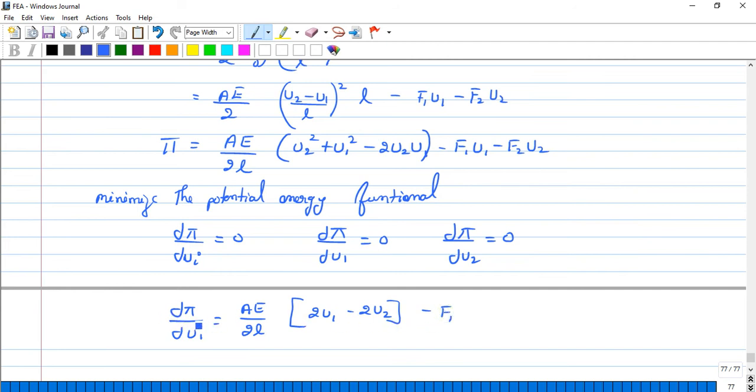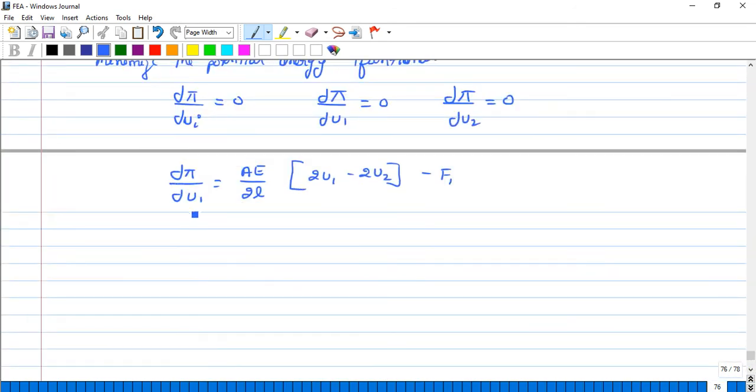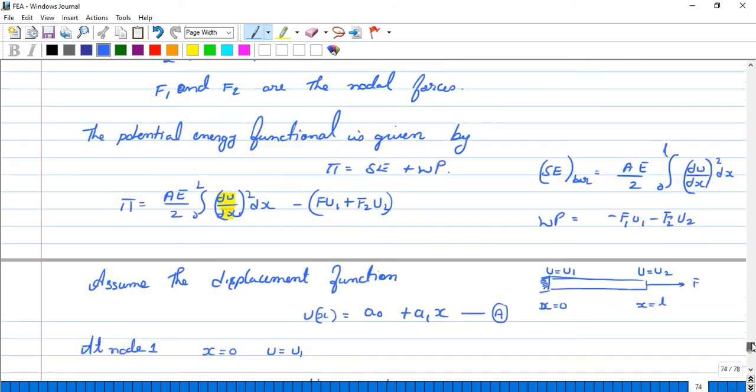I need to equate this to 0, the final equation will be in the form of AE, the 2 I can take common so that it gets cancelled, remaining is AE by L in bracket u1 minus u2, that is equal to f1. I obtain this equation when I differentiate the potential energy functional with respect to u1.